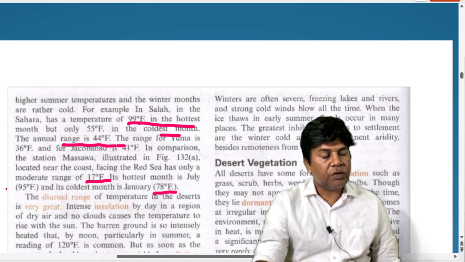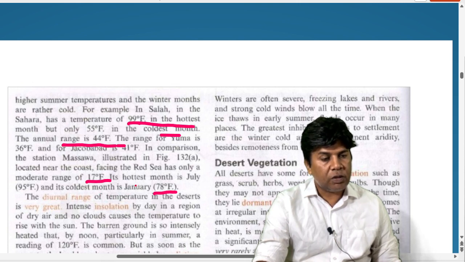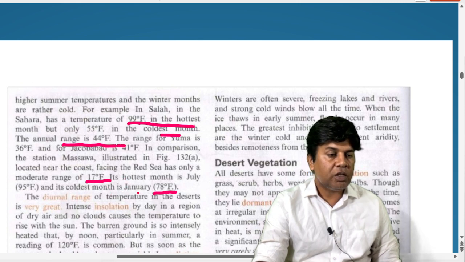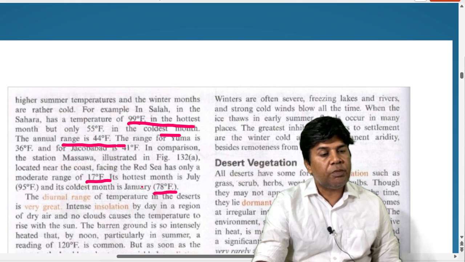In the winter season, the temperature of the adjacent ocean will be warmer compared to the land, because water has a tendency to cool down slowly, and it also heats up gradually. So in the summer season the temperature of the oceans will remain a little lower.